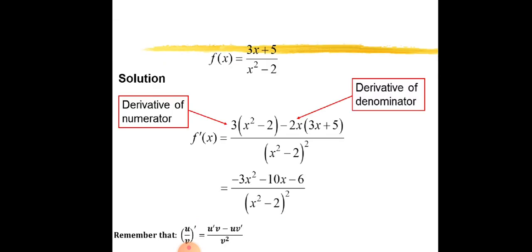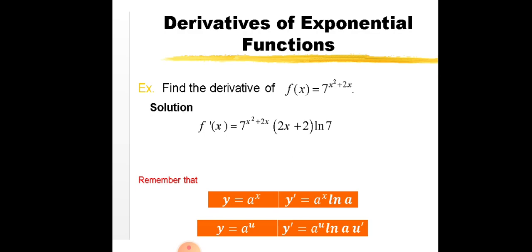Now we have the chain rule. If you want to find the derivative of f of x, which is 7 to the power x squared plus 2x, according to the rules, as you can see in these orange boxes, y equals a power x, so its derivative is a power x ln a.